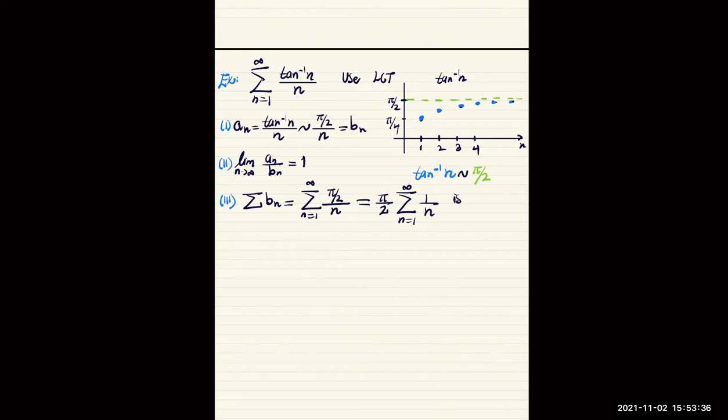So it's divergent because, again, it is a pi over 2 multiple of the harmonic series.